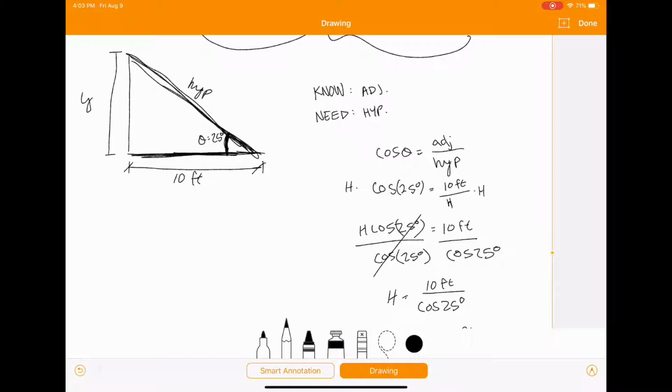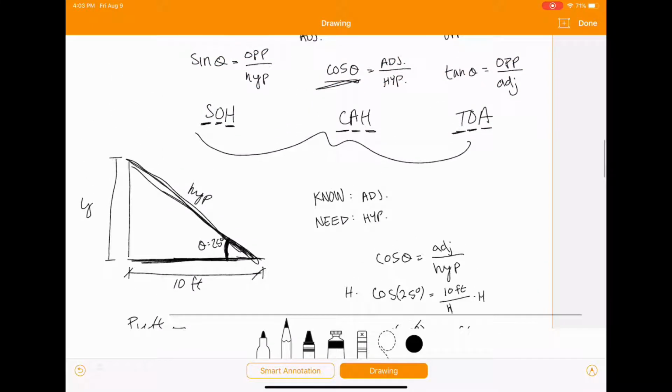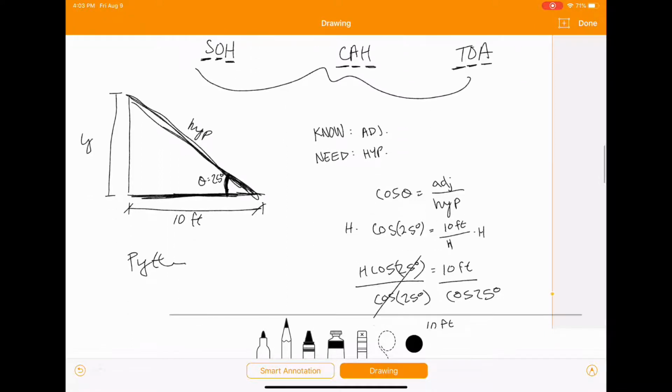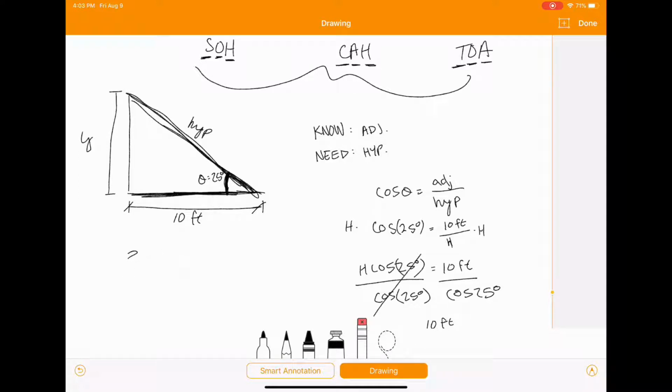So at this point, you can either use the Pythagorean theorem, or you can use another trig function. We'll go ahead and use another trig function, just because that's what we're learning right now. So now we know, let's go ahead and erase this. Now we know you can either use your adjacent side or your hypotenuse, it doesn't matter. I'll go ahead and use the adjacent side again.